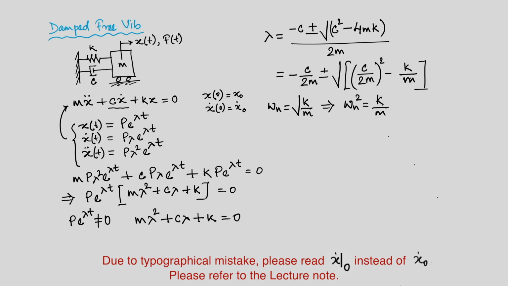That we will do in a minute, but for the time being we have the solutions for lambda, and once we have the solution for lambda, then we can write down the complementary function easily depending upon the type of roots we have. So in this case, if you look at the solution, there are 3 possibilities that we may encounter. So there are 3 cases.